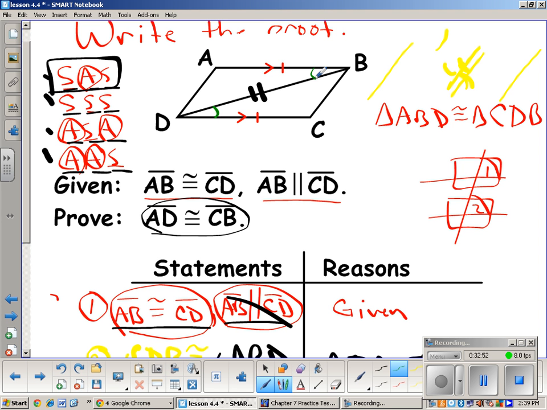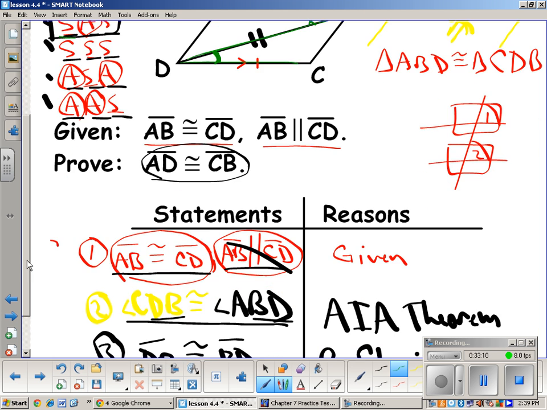Where's my angle in relationship to my two sides? It is between them, isn't it? In the bottom triangle, I have this side and the angle in between. In the top triangle, I have this side and the angle in between them. Okay? So that is definitely side angle side.